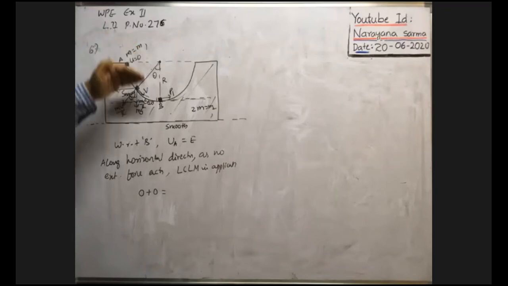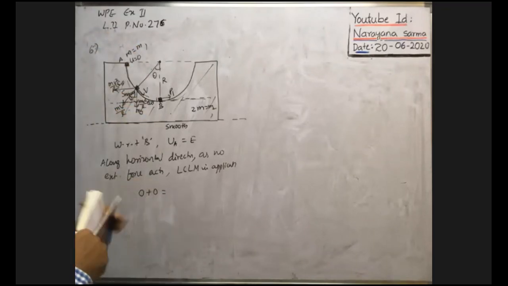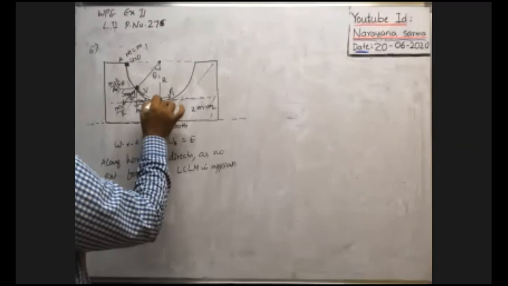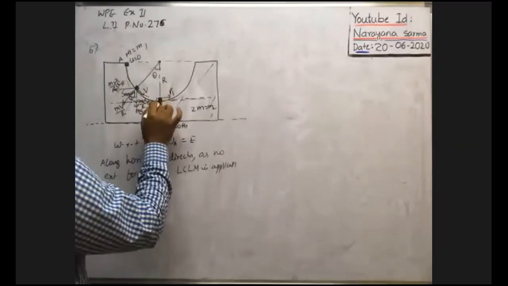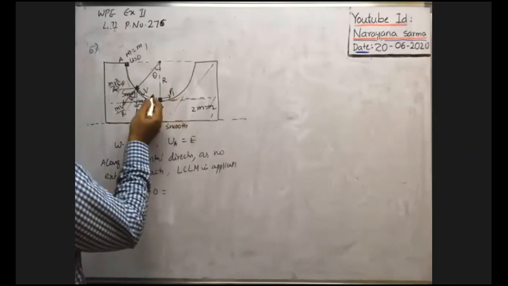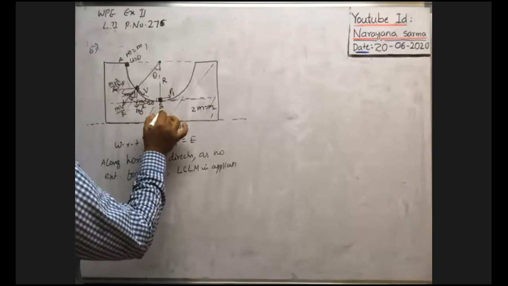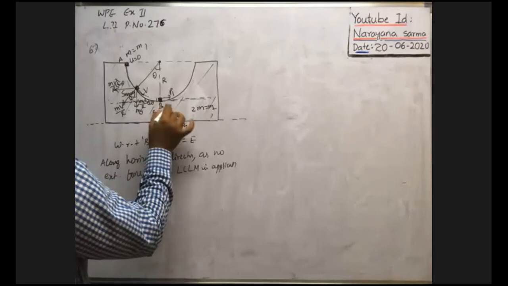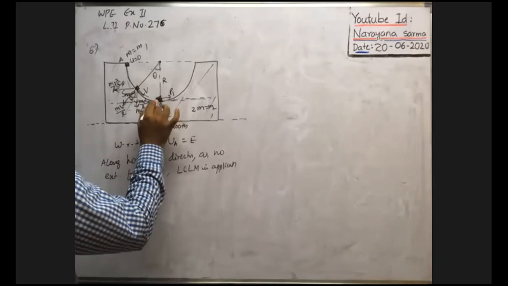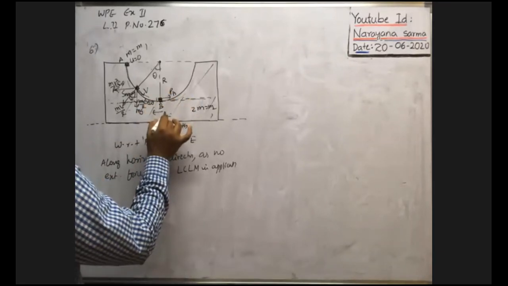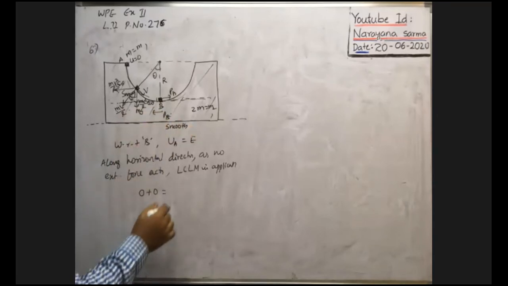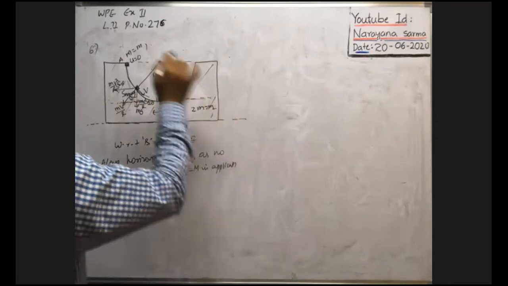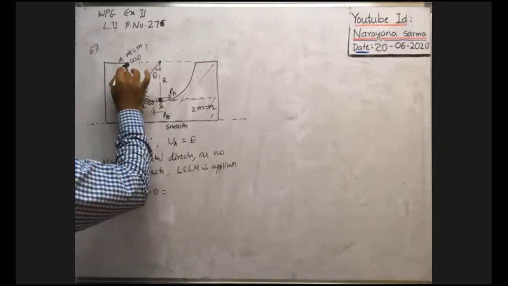So definitely at the instant this body reaches the lowest point, it acquires some velocity. Due to that, it has some momentum, and as the wedge travels in this direction, the wedge also has momentum. Say the body has momentum p1 and the wedge has momentum p2. Along the horizontal direction, initially the body is at rest and the wedge is also at rest.